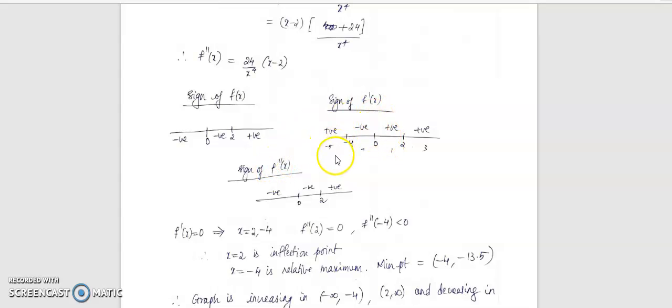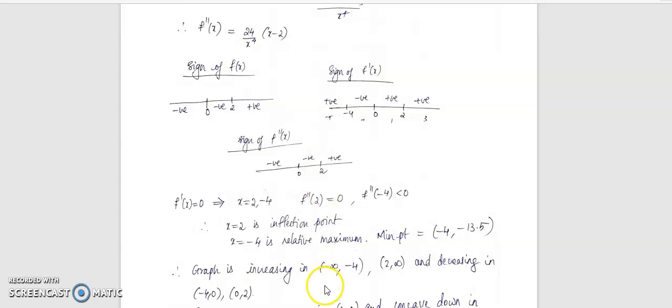അപ്പോൾ ഗ്രാഫ് ഇൻക്രീസിംഗ് ആയിട്ടുള്ളത് minus infinity to minus 4 and 0 to 2 and 2 to 3. Or okay, 2 ല് നമ്മുടെ ഫംഗ്ഷൻ ഡിഫൈൻഡ് ആണ്. സോ 0 to ഇൻഫിനിറ്റി വരെ ഫംഗ്ഷൻ ഇൻക്രീസിംഗ് ആയിരിക്കും.